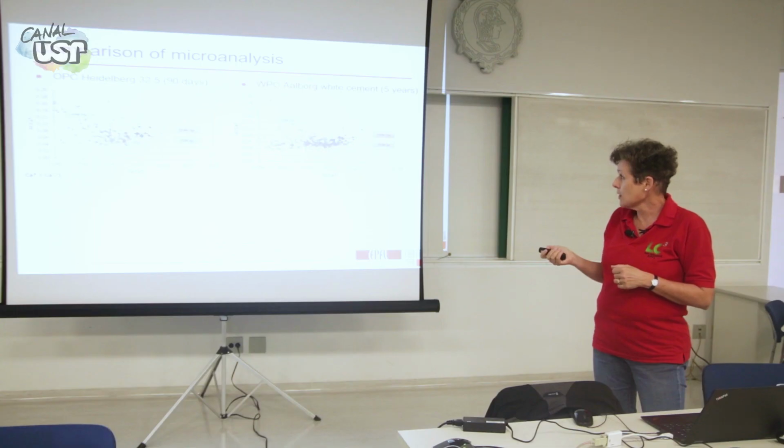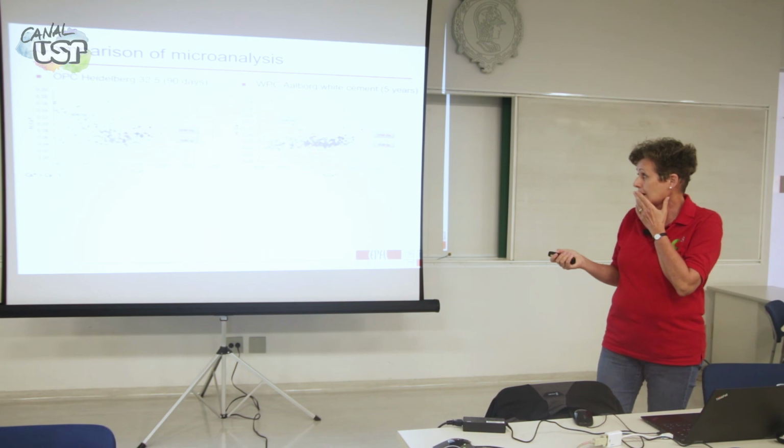And here you can see why we now choose the outer edge of this cluster for the composition of the CSH, because by TEM we can see in the unmixed samples that the composition is really pretty close to this outer edge here.